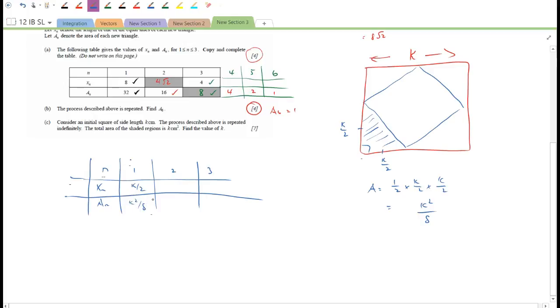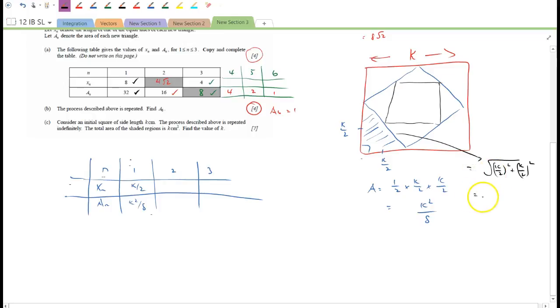Now my second square, which is this one here, that one there. Now I need to know what half of this is, so I need to establish what my hypotenuse here is. So that length in there is equal to the square root of K over 2 squared plus K over 2 squared.